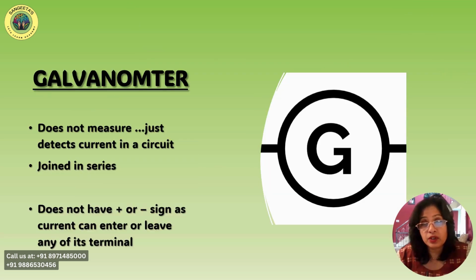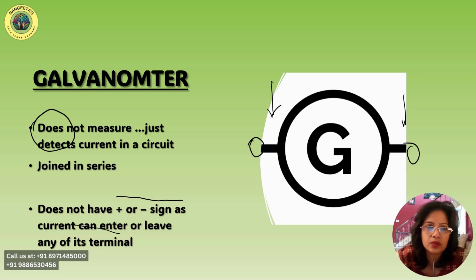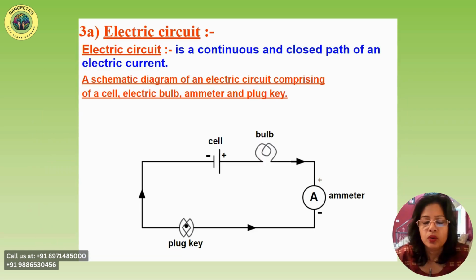Now when we do not have to measure, but we just have to detect whether current has come or not, we have an instrument known as the galvanometer, and the galvanometer does not have a positive or negative sign, where the current can enter or leave in any of its terminals, this or that. So please remember, the galvanometer is only detecting, it is not measuring.